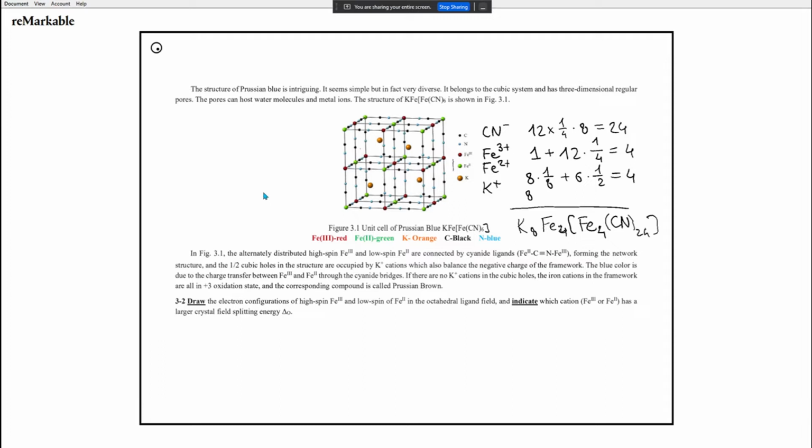And now we can divide everything by 4, and we have the formula which reads as K2, Fe, 1, then another Fe, and then CN6. That's it. But it doesn't correspond to the formula given here. That is puzzling me. So is there something wrong with the derivation? That you can check.